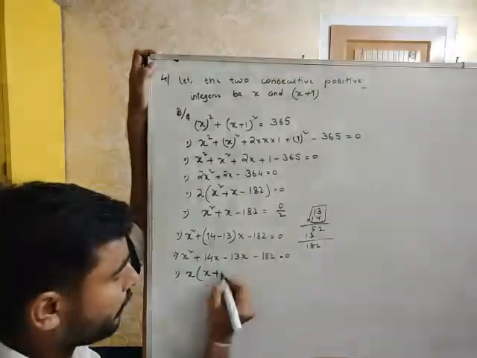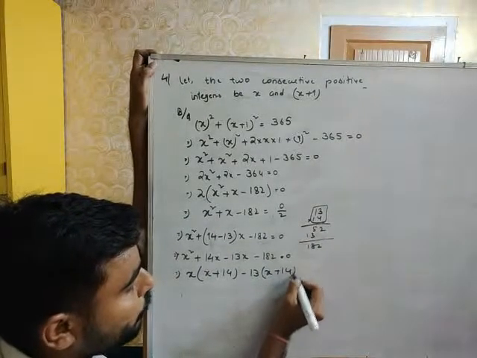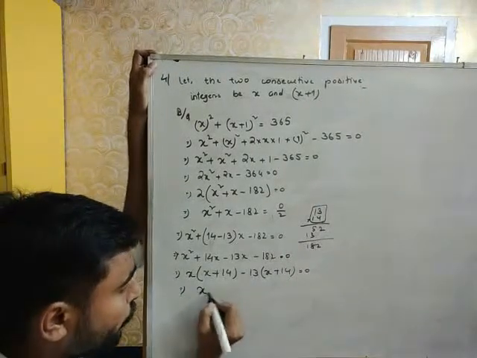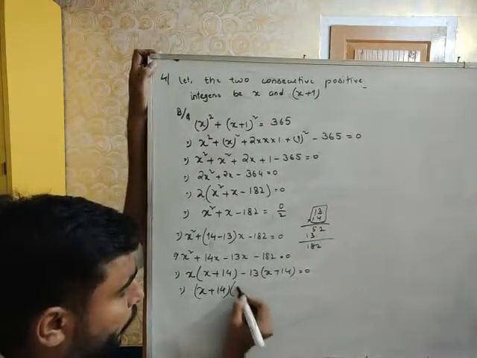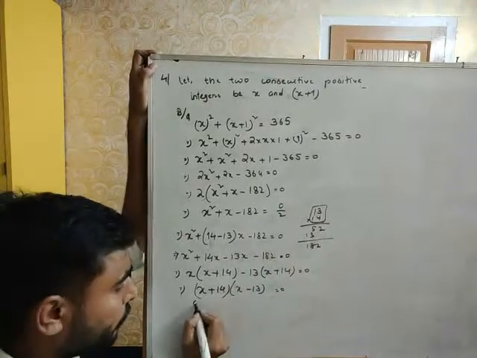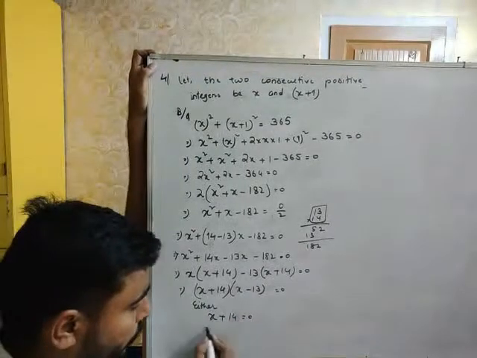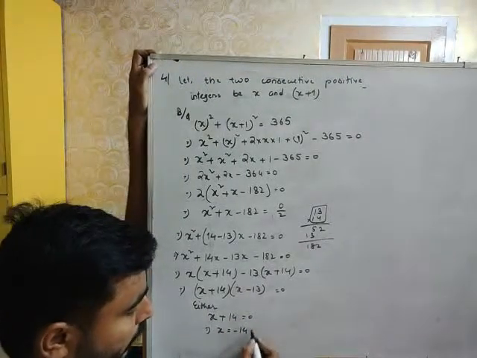So x taken common, x plus 14; here minus 13 taken common, x plus 14. Overall x plus 14 has been taken common, and what remains is x minus 13 is equal to 0. Either x plus 14 is equal to 0, which implies x is equal to minus 14.